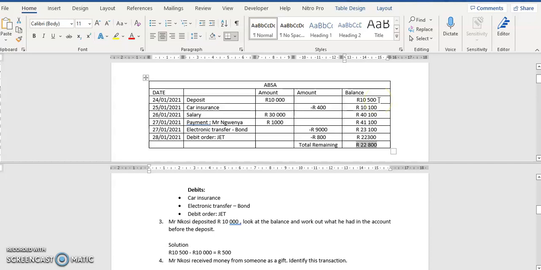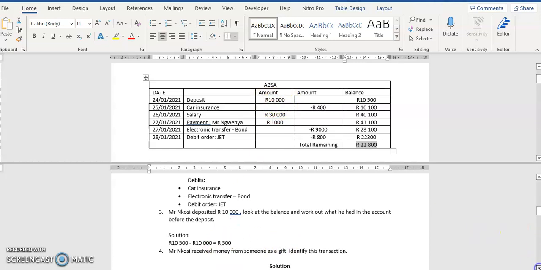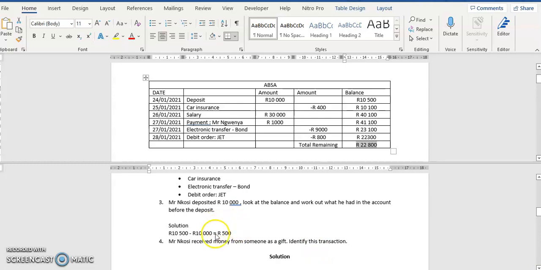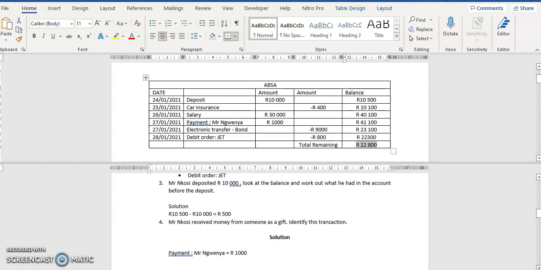So it means there is something in the balance before he made a deposit. How do you calculate that? It is what you have in the balance, which is 10,500, minus the amount he deposited, which is 10,000. So we are going to have 500 rand.